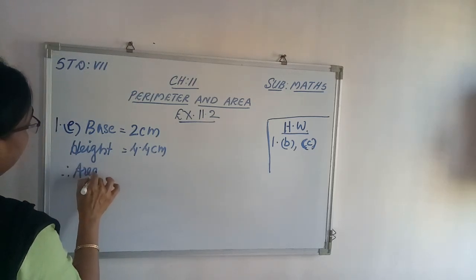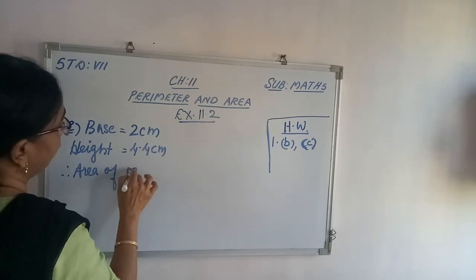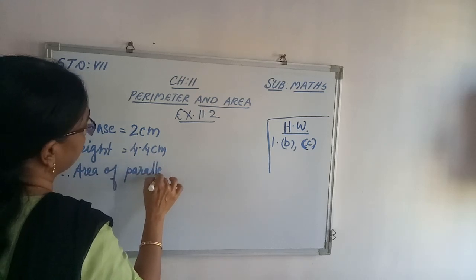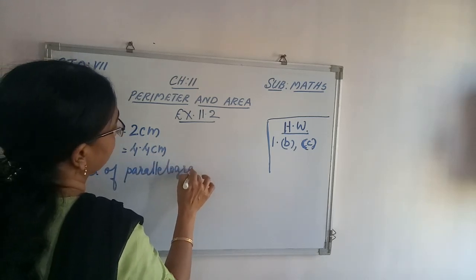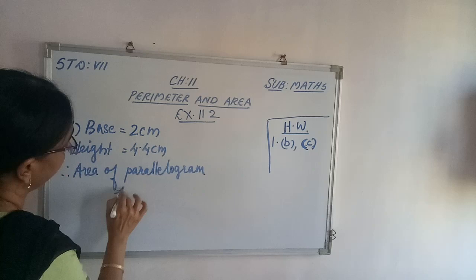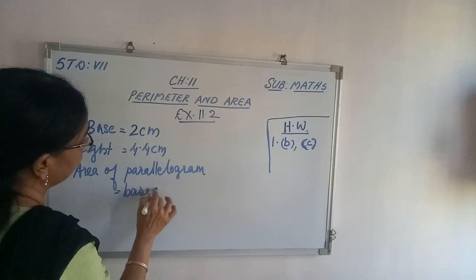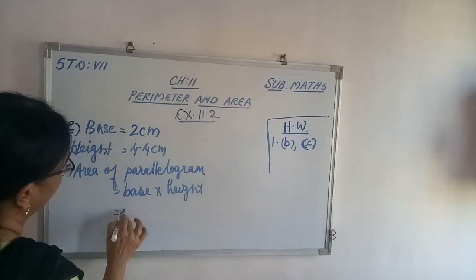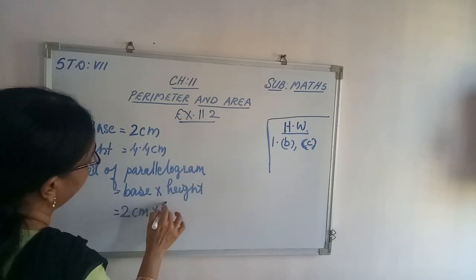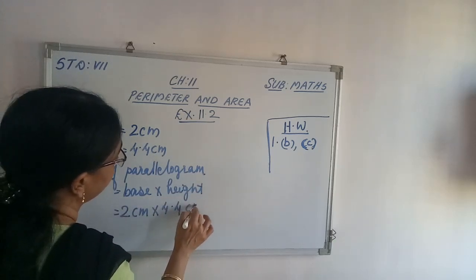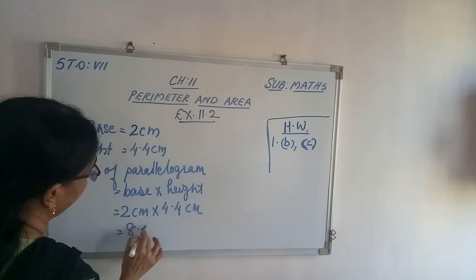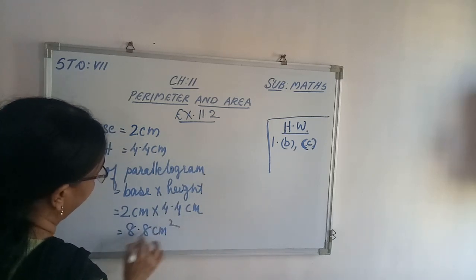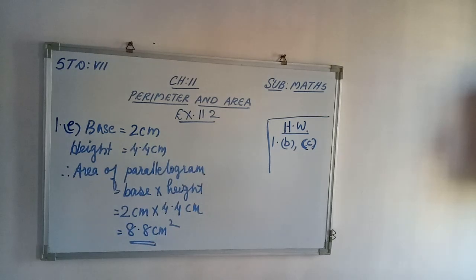Therefore, area of parallelogram is equal to base into height. Two centimeter multiplied by 4.4 centimeter, you will get 8.8 centimeter square. That is the answer.